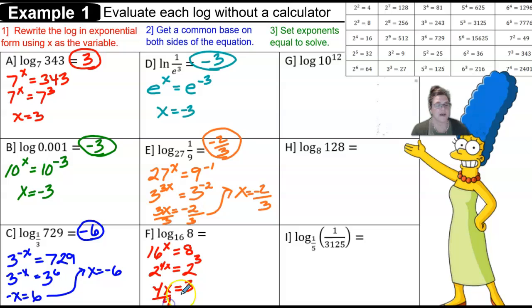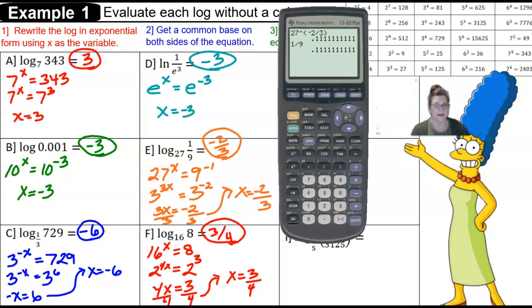Divide both sides by 4 to get the x by itself, and x is equal to 3/4. So the log base 16 of 8 is equal to 3/4. We can check that in the TI-83 by taking 16 and raising it to the 3/4 power, and we get back 8, so we know that checks.